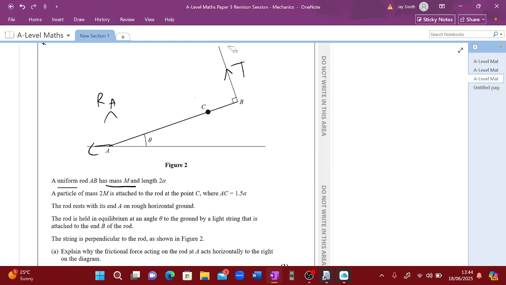But it wants to slip this way. That's because of the weight of the particle, which is 2m. The weight is going to cause it to move this way, isn't it? So if it wants to go that way, the friction is going to act this way to oppose this. Okay.